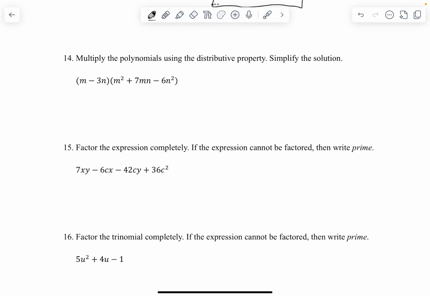14. Multiply the polynomials using the distributive property. Simplify the solution. All right, so if we're using the distributive property, that basically means every term for the second polynomial here gets multiplied by the first one. So that looks like this. m squared times m minus 3n plus 7mn times m minus 3n minus 6n squared times m minus 3n.